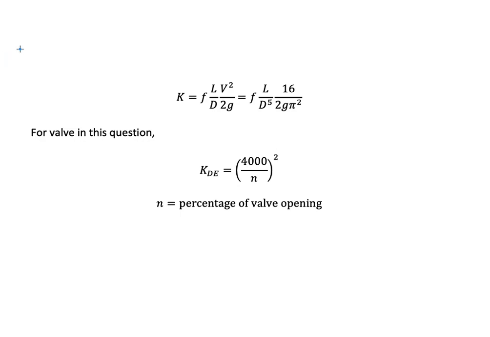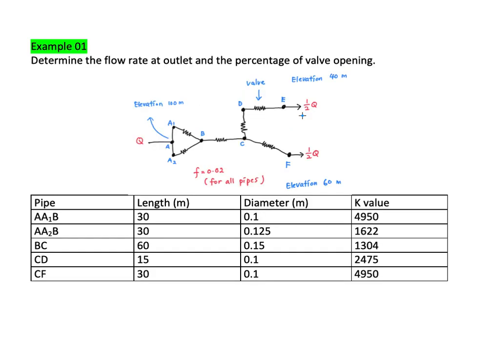Okay, so this is the note. We know that K is actually equal to F L over D times V square over 2G. And then the value of K can be calculated like this. This is the idea to calculate K. In this question, as you see, we have a valve here.